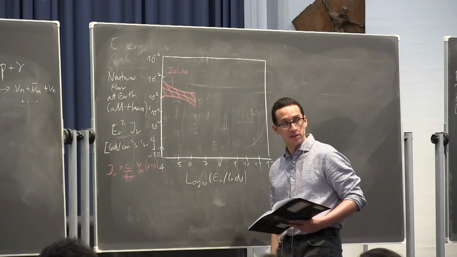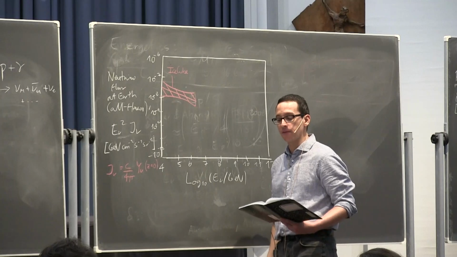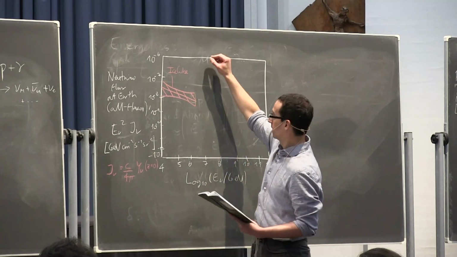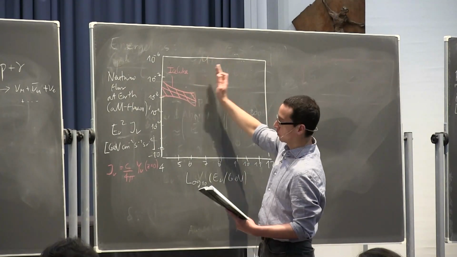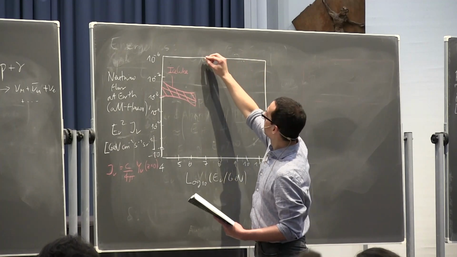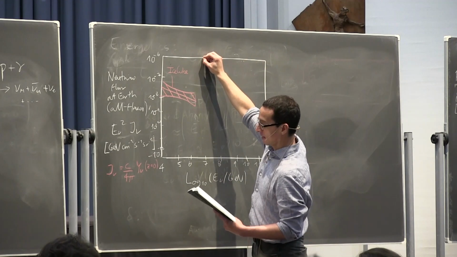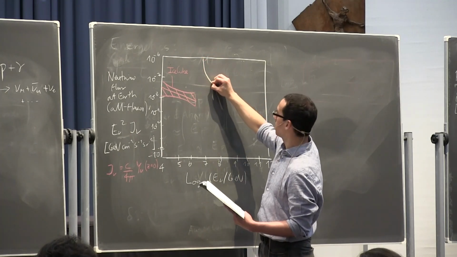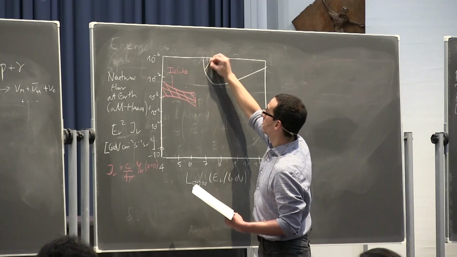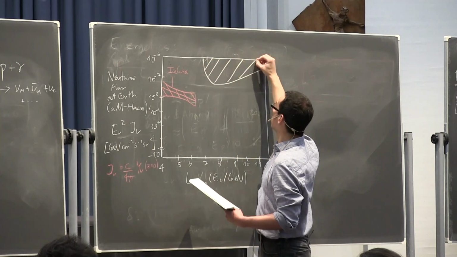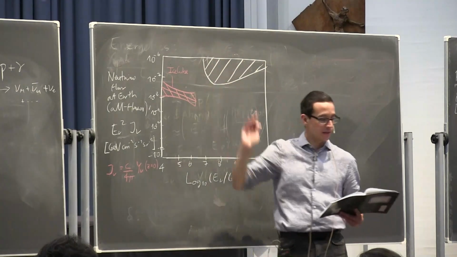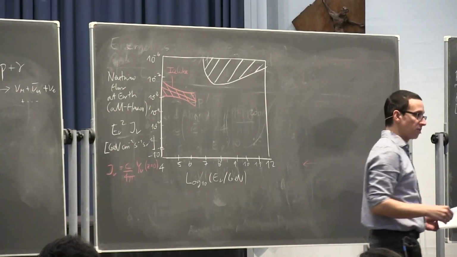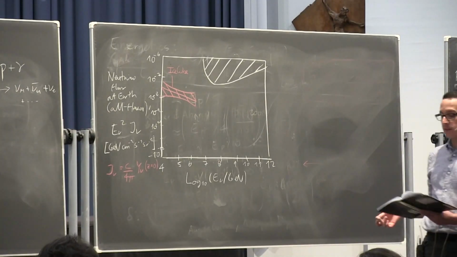They do have searches for neutrinos of higher energies that have come empty-handed. So there's no observation of neutrino above this. And that means that the flux at higher energies needs to be below some upper limit that they placed. So it cannot be larger than that, the part that is shaded, because otherwise they would have seen something at those energies, and they have not.